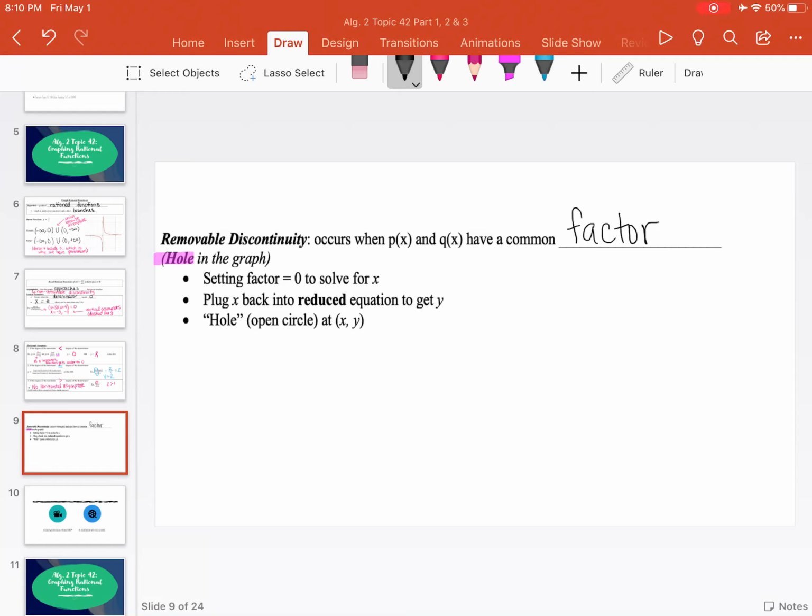Now notice I caught myself there. 1, I made a mistake. And 2, it's important to look at the reduced equation. So once we eliminated that factor, we need to plug our x value back into our now simplified version. We'll see this in an example as to why we have to do this. Our hole in our graph will then appear at this point. We'll have an x value and a y value.